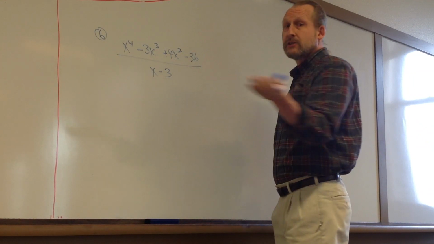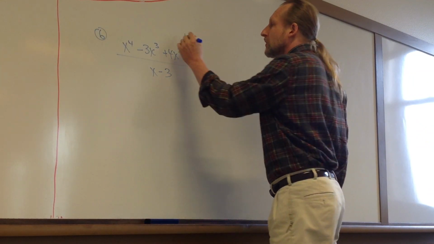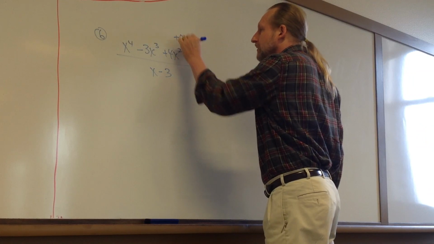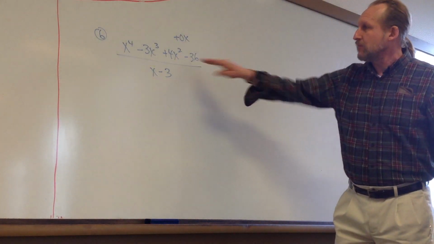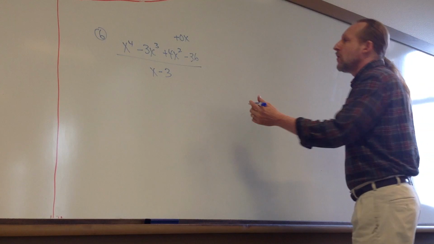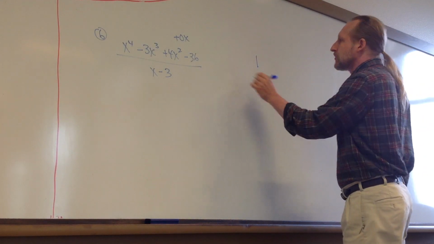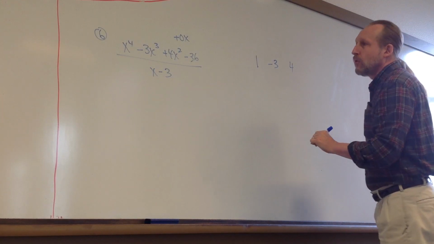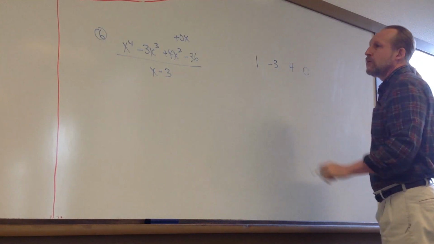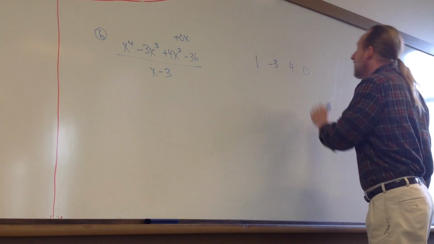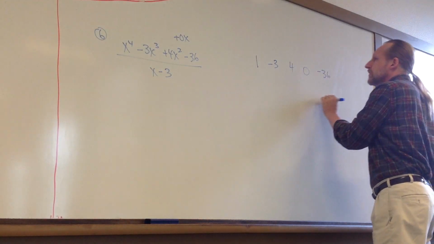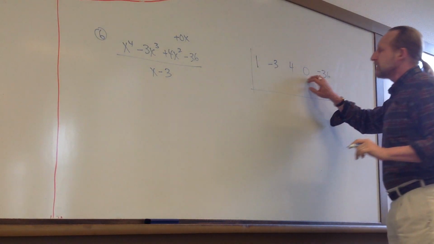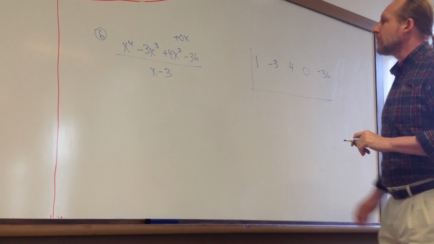We're missing the x to the 1st power, okay? So there's like this hidden plus 0x in there, and then minus 36. So when we make our coefficients, 1, minus 3, positive 4, then we need a 0 for that missing x term, and then the minus 36. Because if you don't have that 0 in there, it messes everything up.